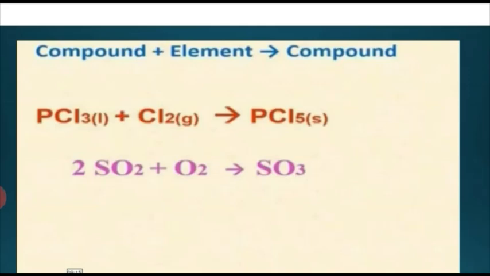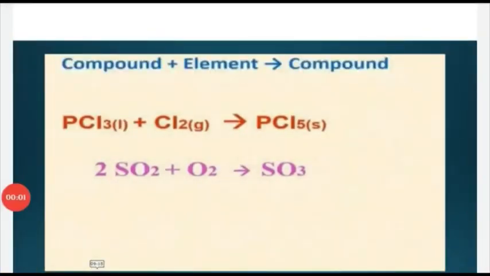For example, phosphorus trichloride reacts with chlorine gas and forms phosphorus pentachloride. You can now see the example: PCl3 plus Cl2 which gives PCl5, that is, phosphorus trichloride reacts with chlorine gas which forms phosphorus pentachloride.